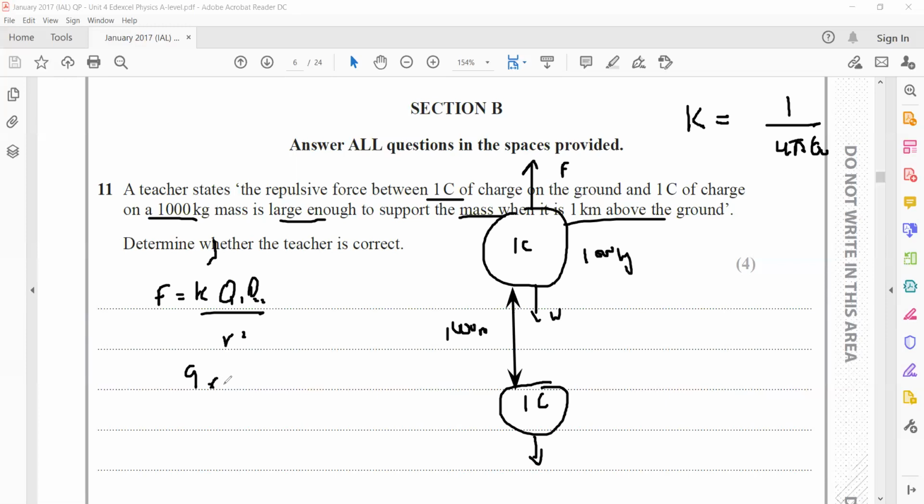So 9 exponent 9 multiplied by 1 multiplied by 1, and the distance between them is 1000 square. What's the electrostatic force when you solve this? 9 exponent 9 divided by 1000 square.